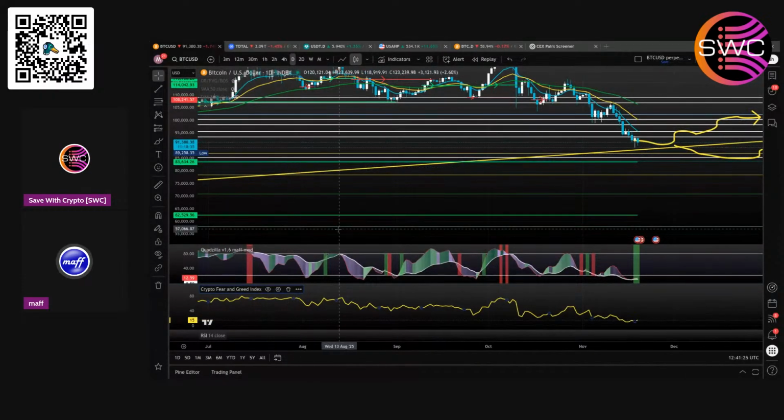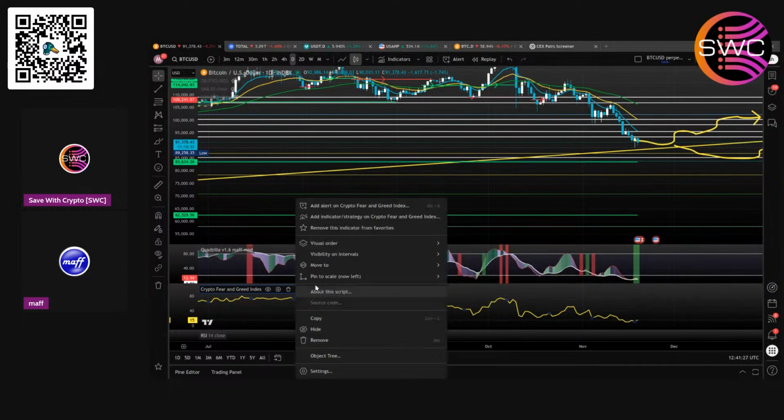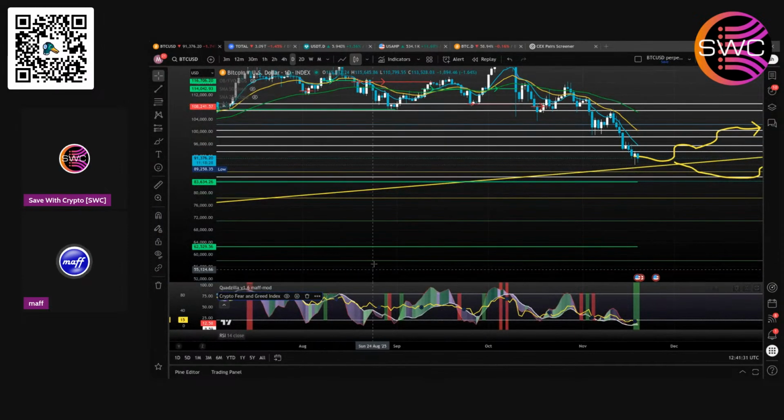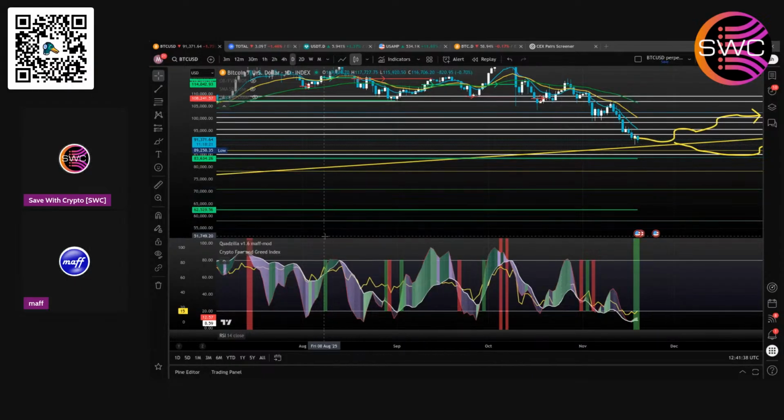But on these higher time frames, you could overlay it, move it to the existing plane above, and then you can see more accurately how it really is correlating.